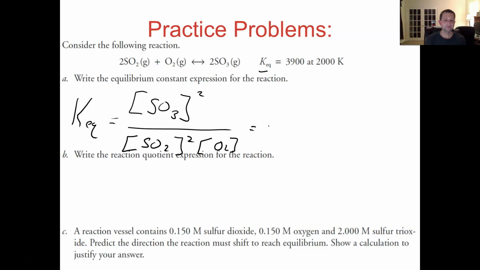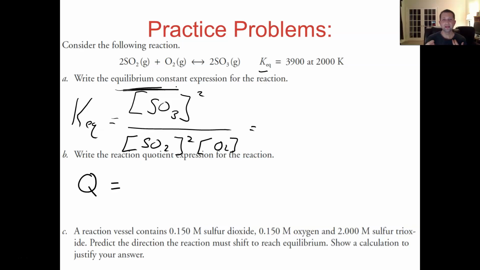Letter B, write the reaction quotient expression. So if we are at any point in time and we're not sure if it's at equilibrium, any set of conditions, let's write the reaction quotient expression. It's actually the exact same thing. The only difference is it's Q. KEQ is at equilibrium, the equilibrium constant expression.